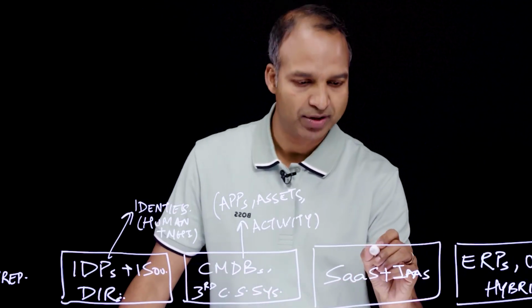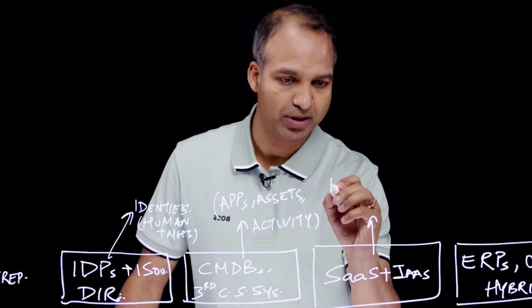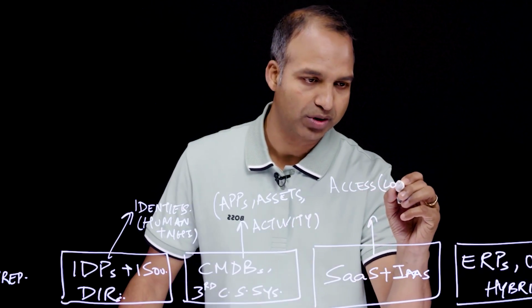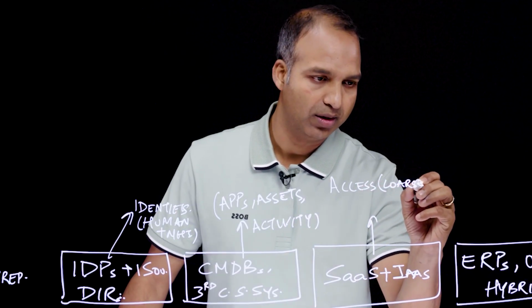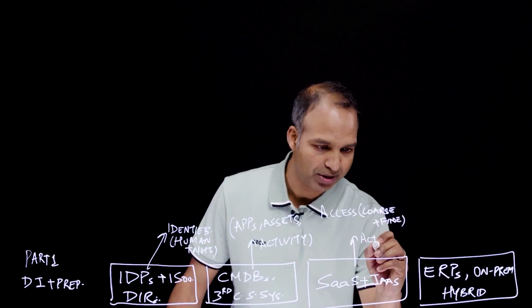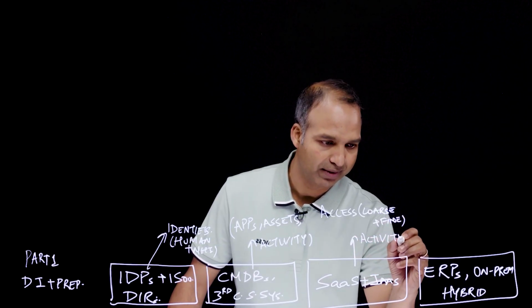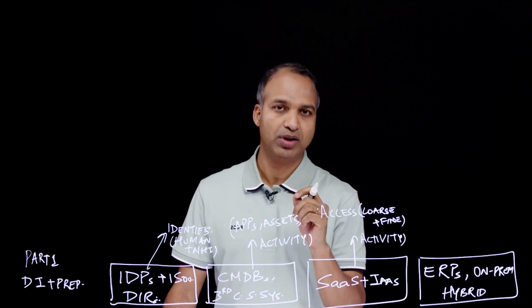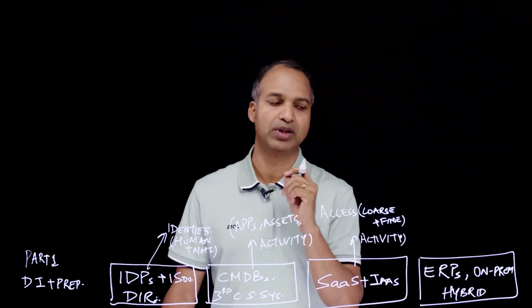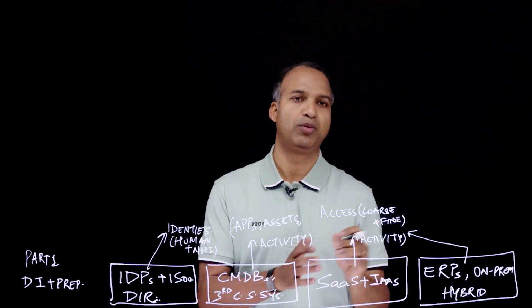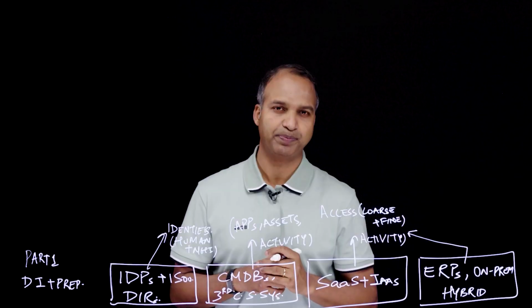SaaS platforms and infrastructure as a service platforms give you information about access your identities have, which could be coarse-grained or fine-grained, as well as the most important dimension, which is identity activity. This gives you an answer of who has access to what, as well as what they are really doing with that access. And the same set of information, you also get from all these different types of applications.